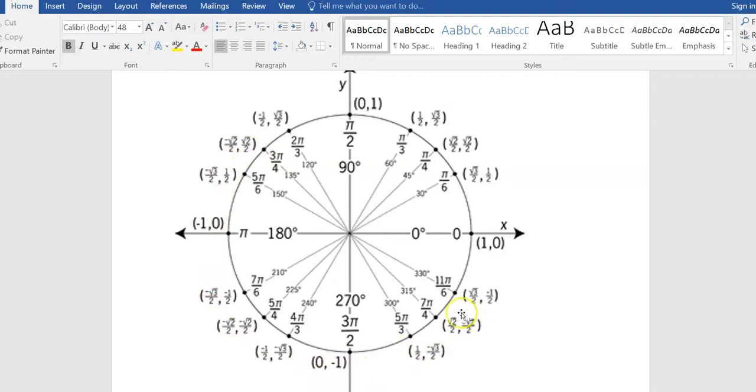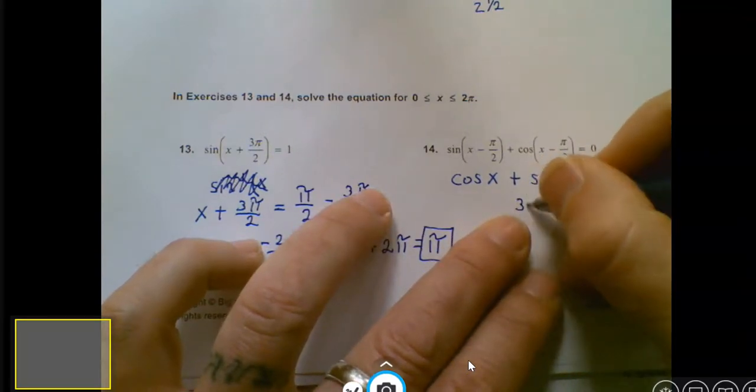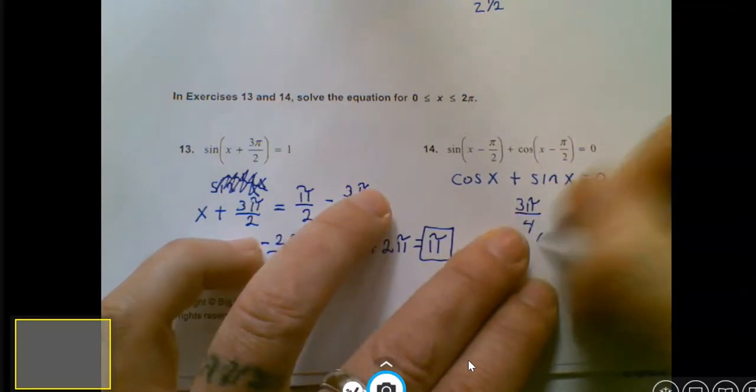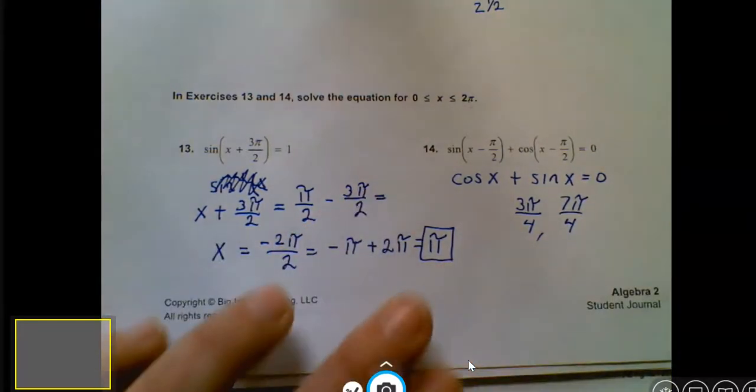As I go right here, I'm running into that same scenario: my cosine plus my sine adds up to 0. So at 7 pi over 4 and at 3 pi over 4 is where I find those two solutions. And that's it for the final lesson.